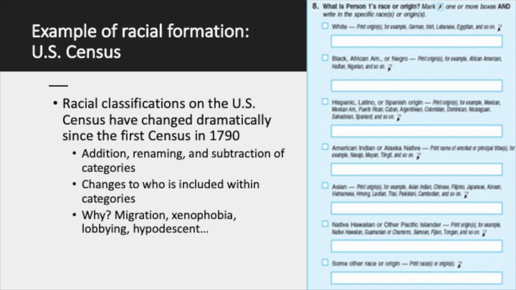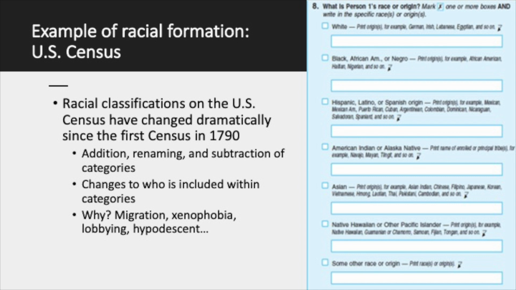The 2020 census, which is currently underway, I believe, or I know it was being cut short, which is problematic for a whole number of reasons. But the 2020 census has a new way of measuring race. For the first time in the history of the census, there are fill-in sections for people to put countries of origin.